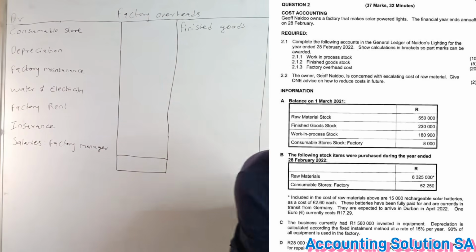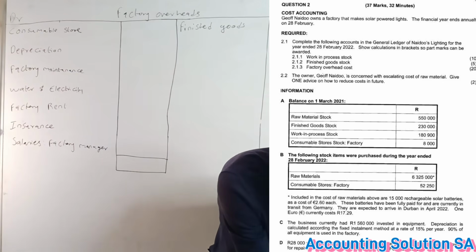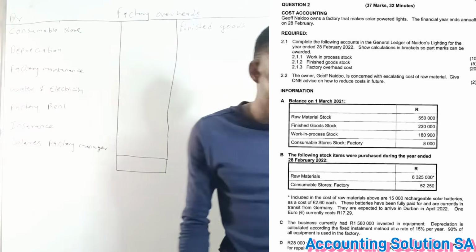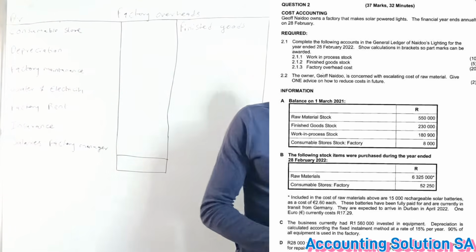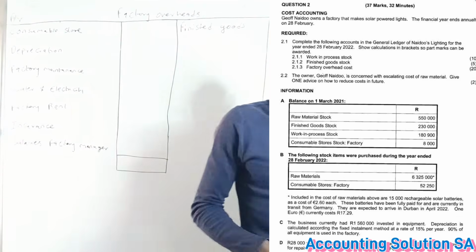The owner Geoff Naidu is concerned with the escalating cost of raw materials. Okay, and they said give one advice on how to reduce the cost in future. So this was 2 marks, where you have to give at least one reason how the owner can reduce the cost in future. So it's very simple.